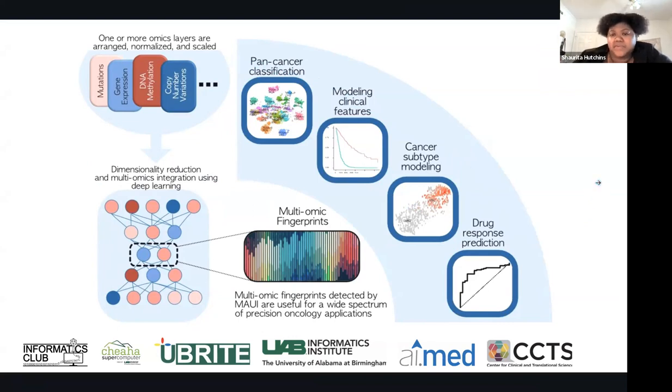Can we find subtypes within a specific cancer, maybe ovarian cancer or breast cancer? Can we model clinical features? Can we look at drug response, or drug targets? There are so many ideas you can come up with for a hackathon like this. So this is one very broad example I just wanted to showcase.